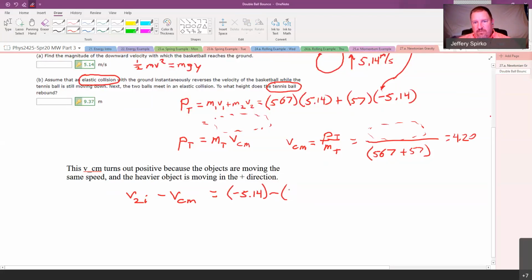So this is 4.20. So this combines to get minus 9.34 meters per second.